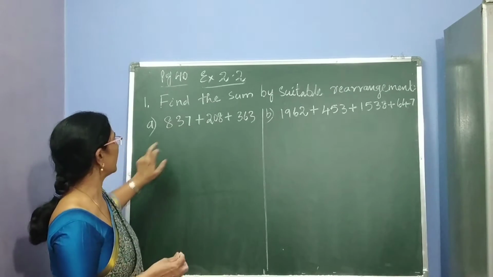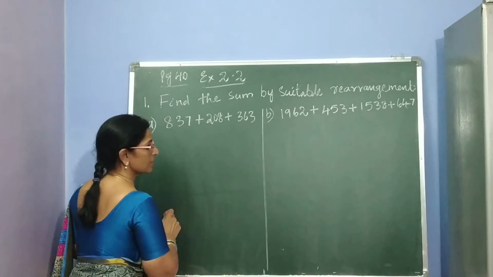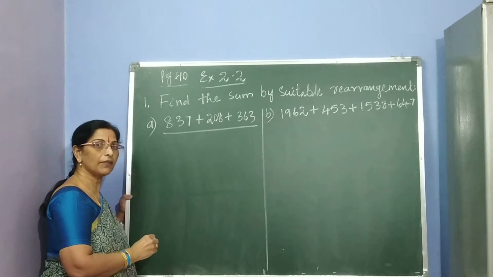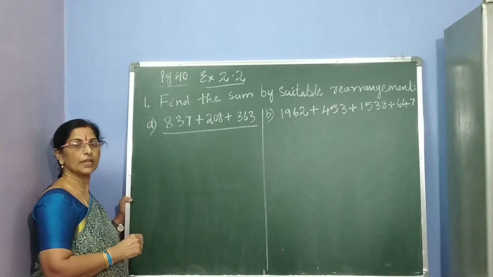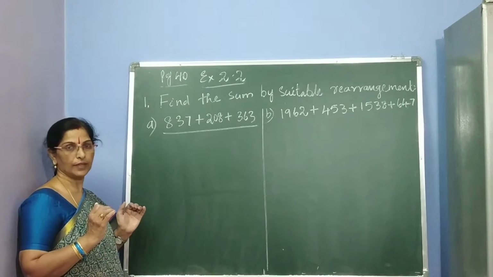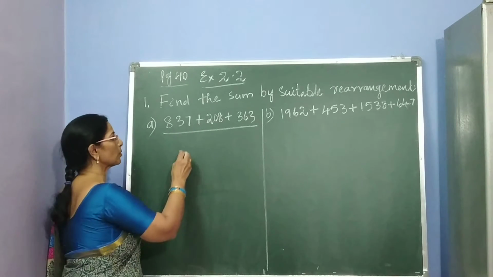See here, 837 plus 208 plus 363. For these numbers, do you know which property we can use? Associative property we can use here. Associative property means grouping of numbers. We can make these numbers into groups.